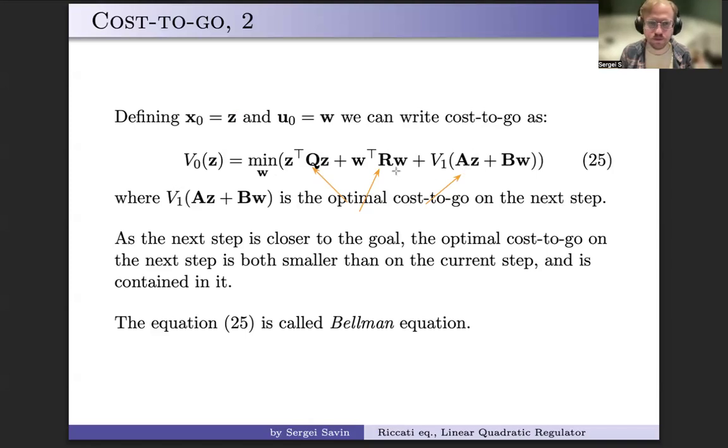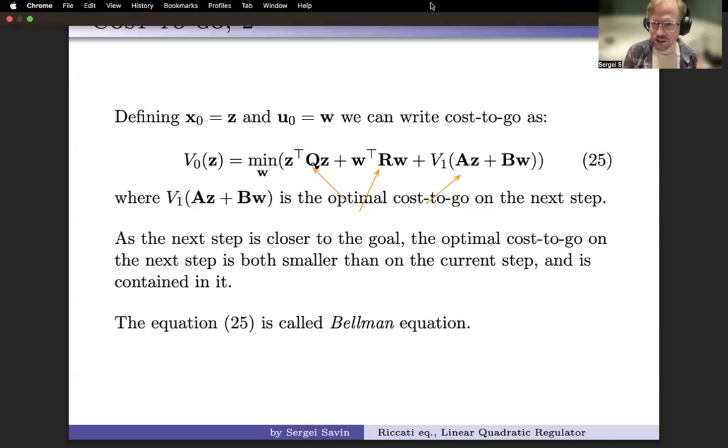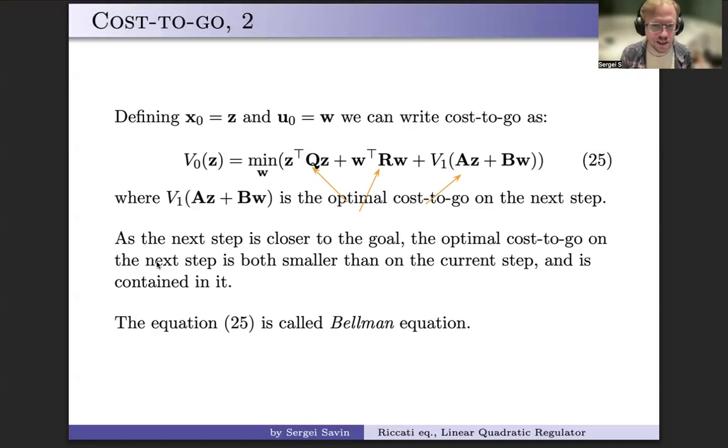And notice that the previous cost to go obviously would also itself be a function of x, so it's a function of where it starts. So it's not fixed, right? It is like you can see it as a quadratic function. Okay, so this is called the Bellman equation.